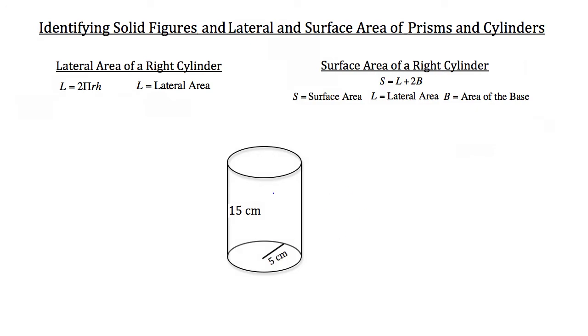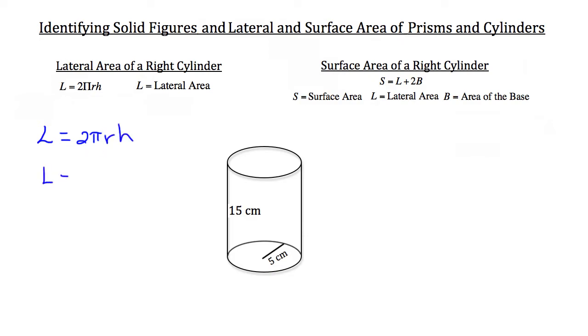So let's take a look at a cylinder and I'll show you what we're referring to. In this case, the radius of this cylinder is 5 centimeters down here at the bottom. And it's got a height of 15 centimeters here along the side. So we can begin by calculating the lateral area of this cylinder. We know that the lateral area is equal to 2 times pi times the radius times the height.